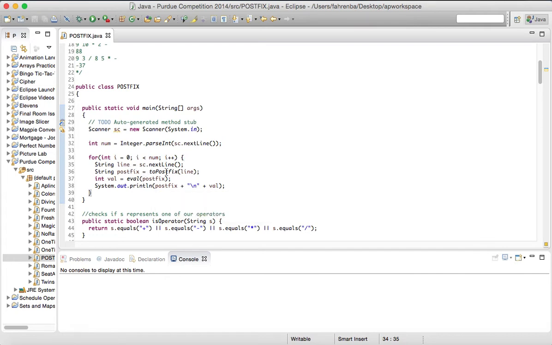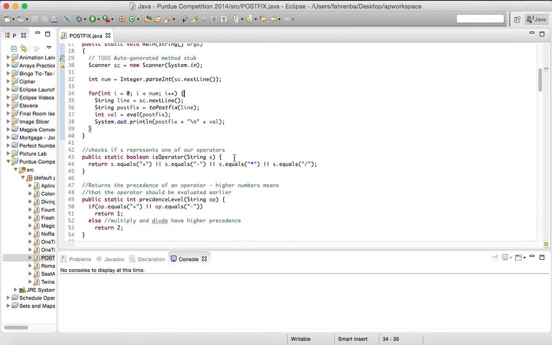So we have to look at what my toPostfix function does and what my eval function does to understand how my program works. A couple of helper methods I wrote. I wanted to know if an individual letter, so the string needs to be length 1, is going to be an operator or not. So if it's an addition, subtraction, divide, or multiply, those will be my operators. And any numbers that this method sees will result in a false value.